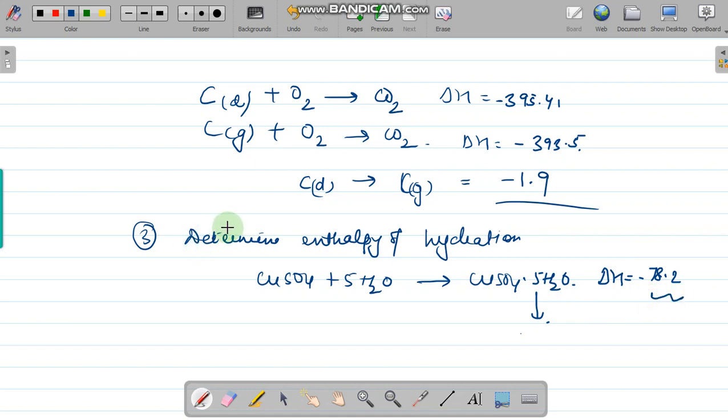Then after that we have the enthalpy of atomization. What is enthalpy of atomization? For example, fourth, enthalpy of atomization.